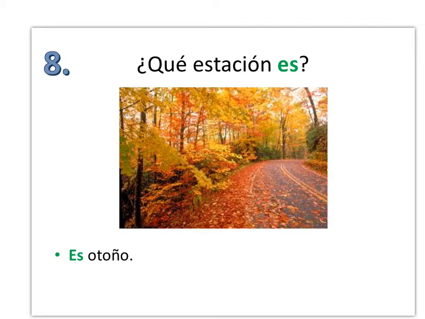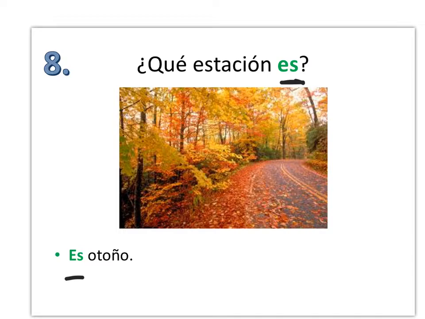¿Qué estación es? Es otoño. Es. ¿No? ¿Cómo se dice estación? Season. It can mean station, but not in this context. ¿Qué estación es? Es otoño. ¿Cuál es tu estación favorita?